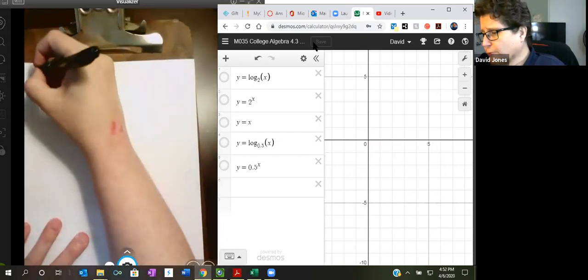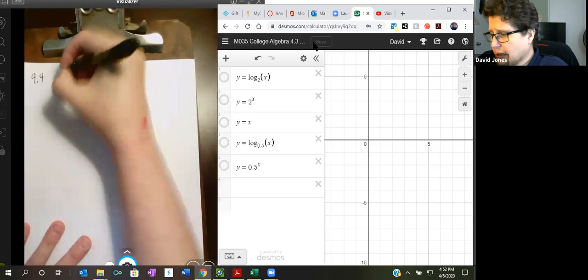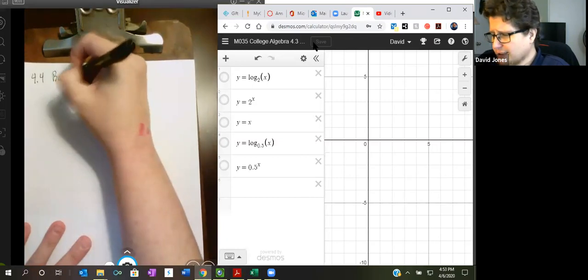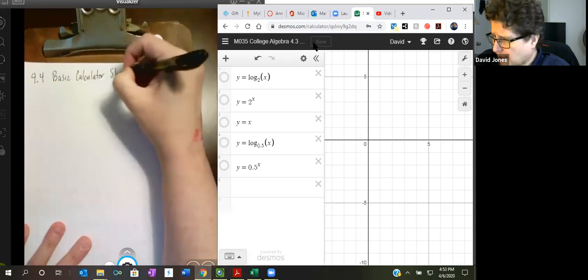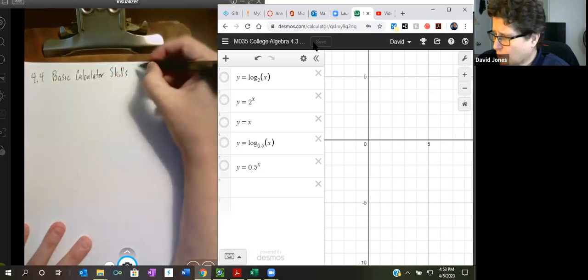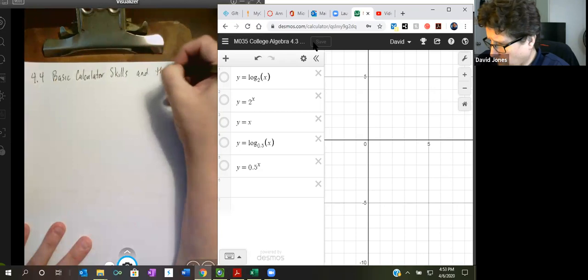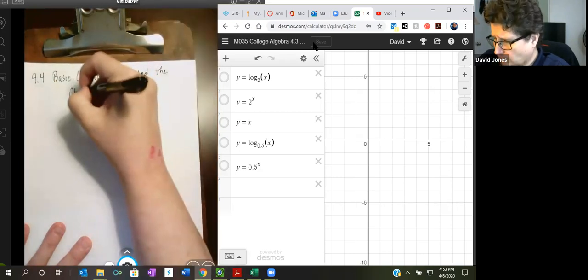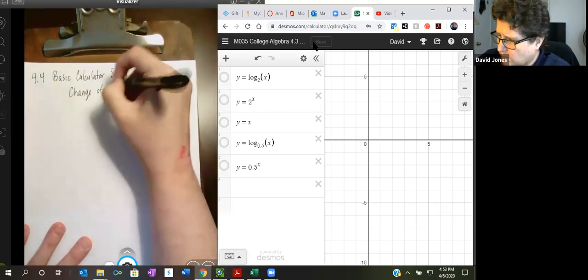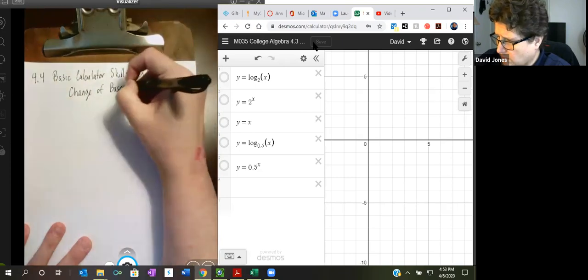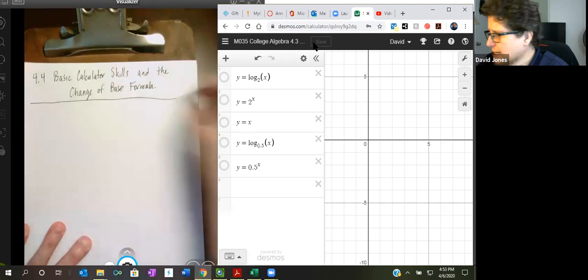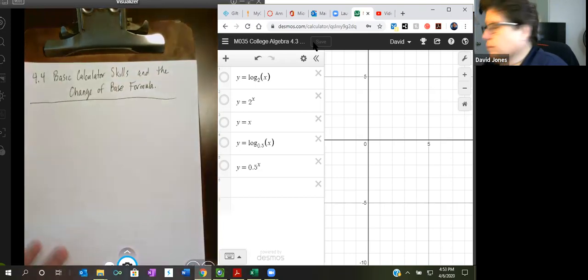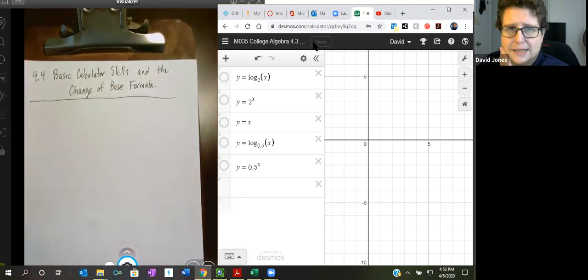But 4.4 is on basic calculator skills and the change of base formula. It also has a couple word problems in this section, and we'll discuss what they are and how you do them.